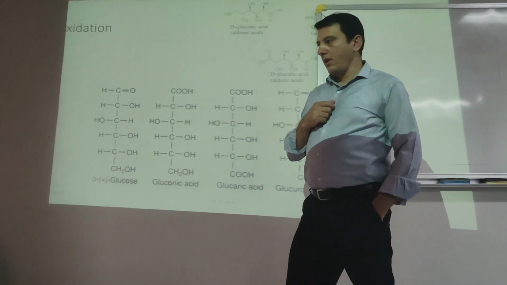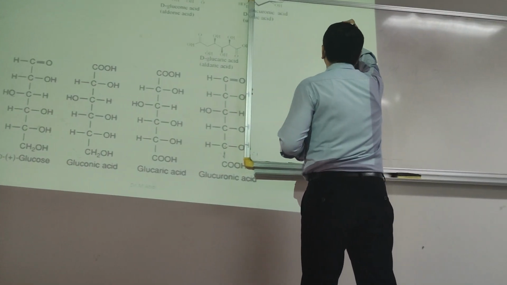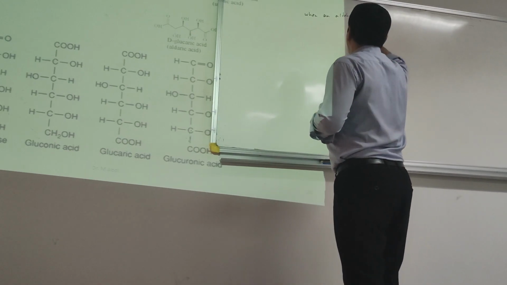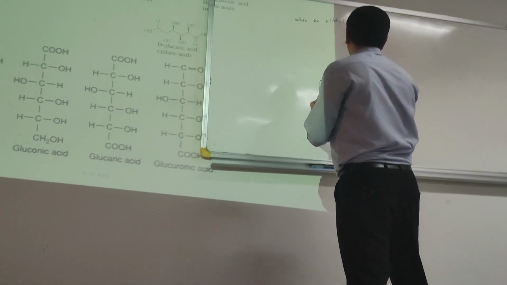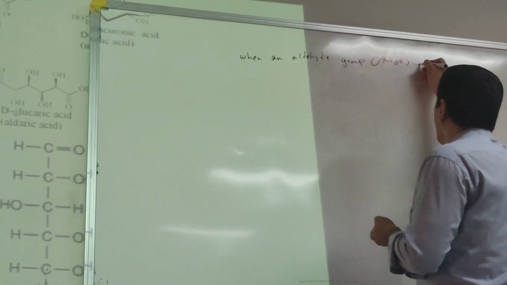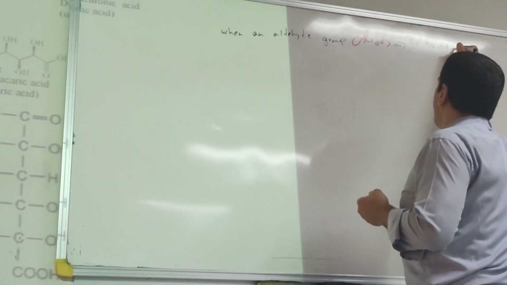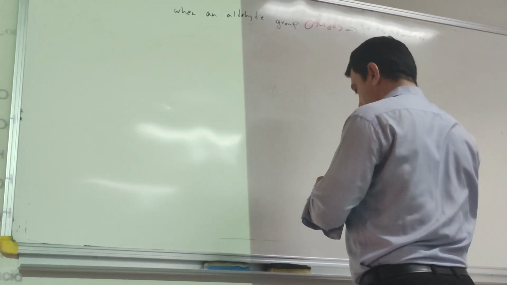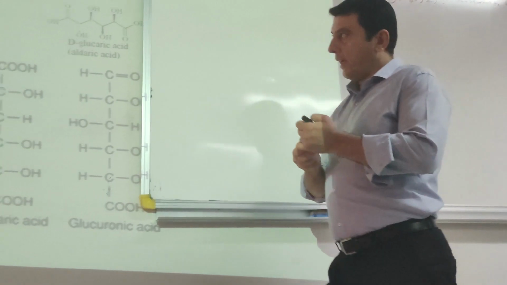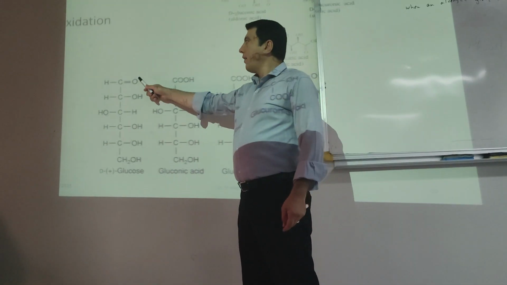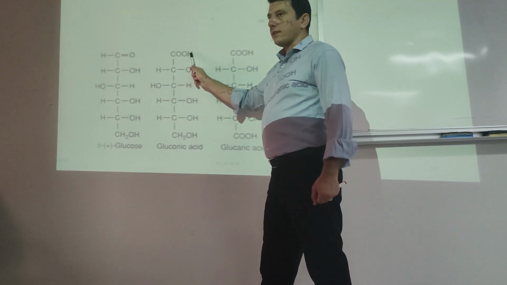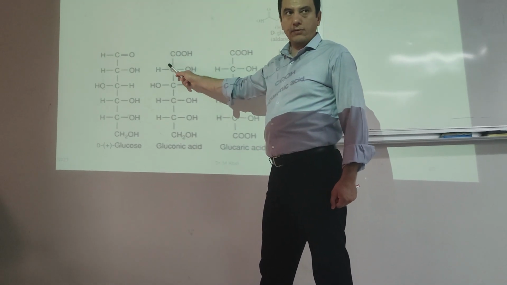As you can see here, when an aldehyde group is oxidized, it changes to an acid group, COOH.